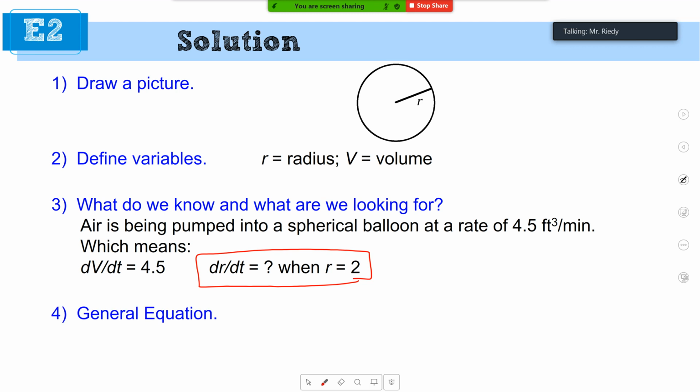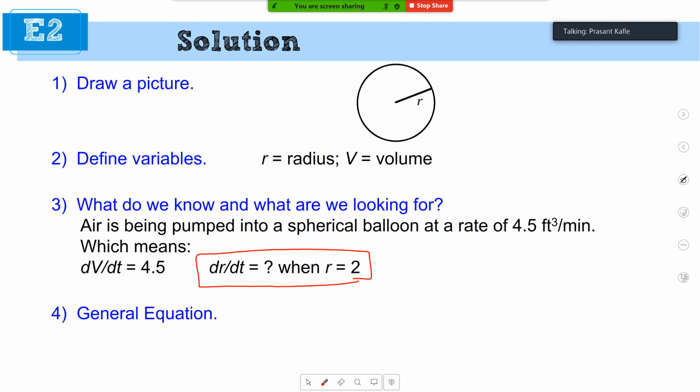Number 4, write a general equation. All right. Any ideas on what I'm going to use for a general equation here? Anybody? Bueller? What are we dealing with?